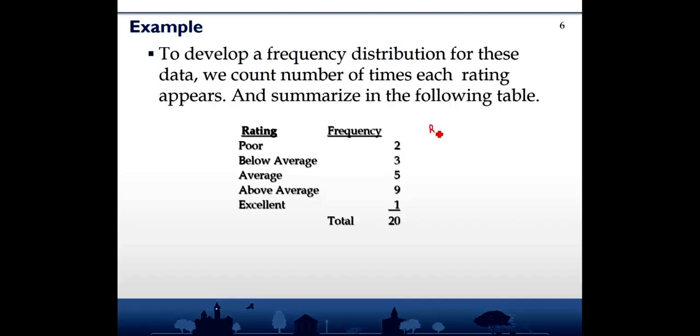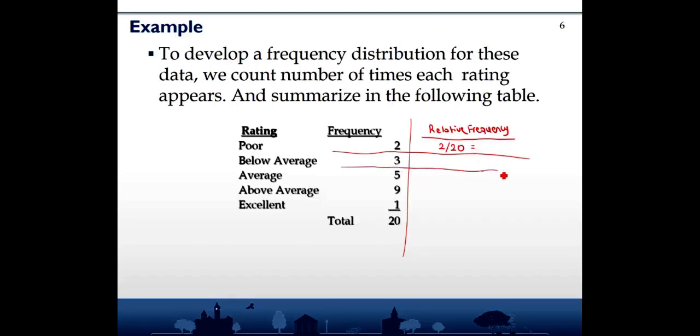Since we have the frequency, to obtain relative frequency, it is 2 divided by 20, three divided by the total 20, five divided by 20, nine divided by 20, and 1 divided by 20. Sum of the relative frequencies must be 1.